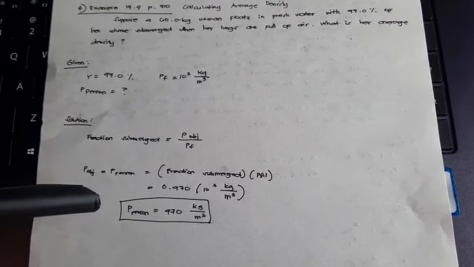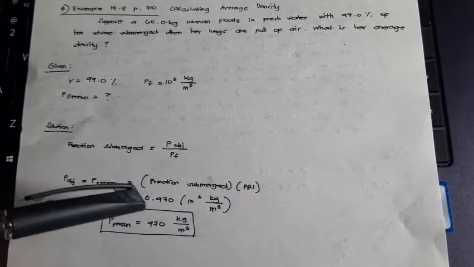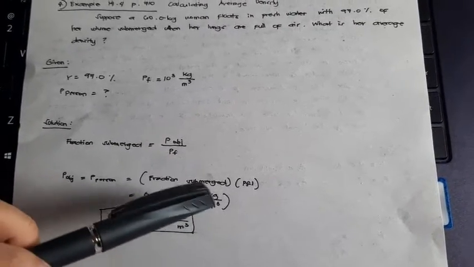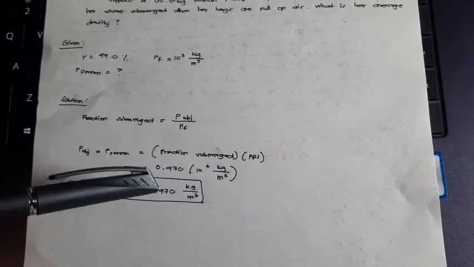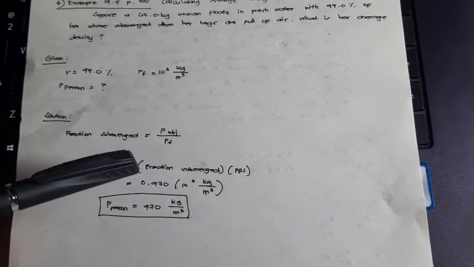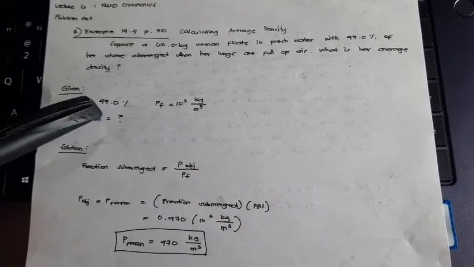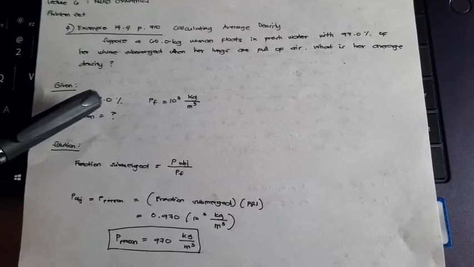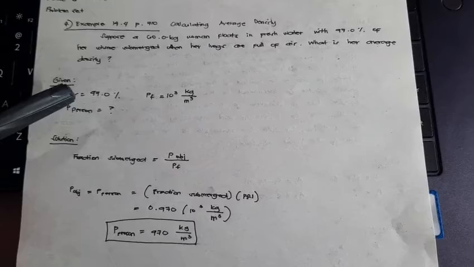The density of the object is the average density of the woman, which is equal to the fraction submerged times the density of the water. Since the values are given, the fraction submerged is 0.970, since it was given as a percent, we divide by 100.